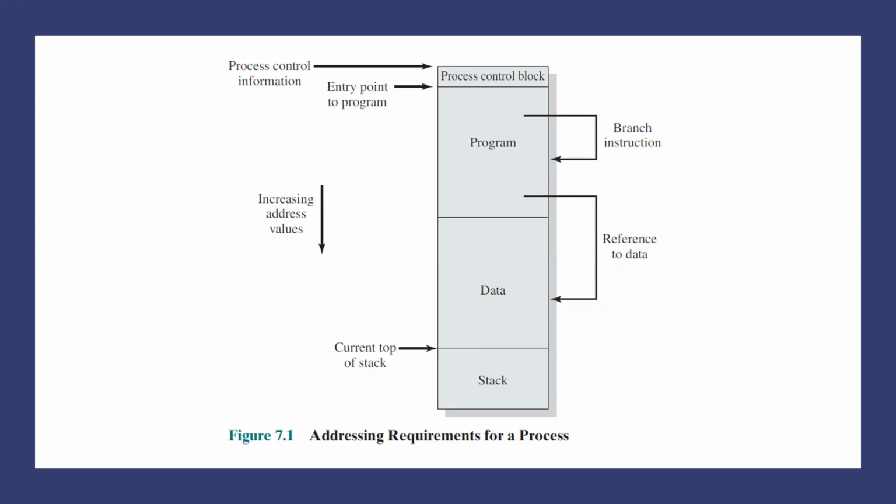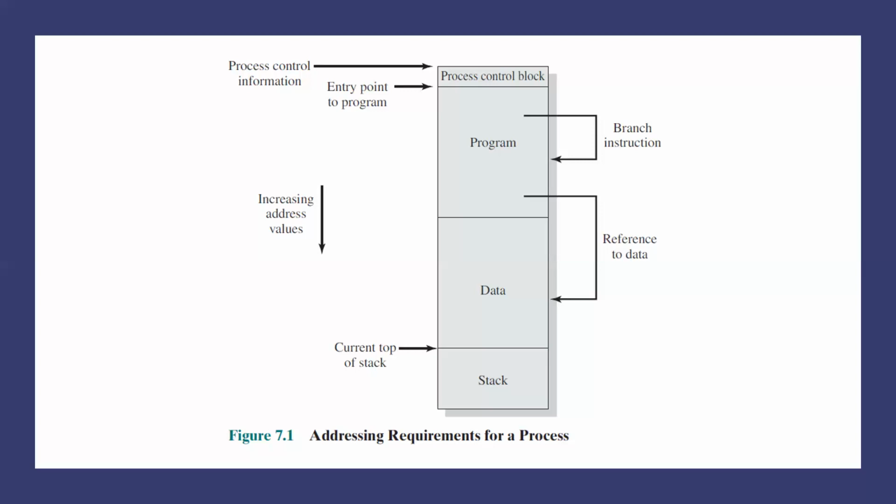Because the operating system is managing memory and is responsible for bringing this process into main memory, these addresses are easy to come by. In addition, however, the processor must deal with the memory references within the program. A branch instruction contains an address to reference the instruction to be executed next.